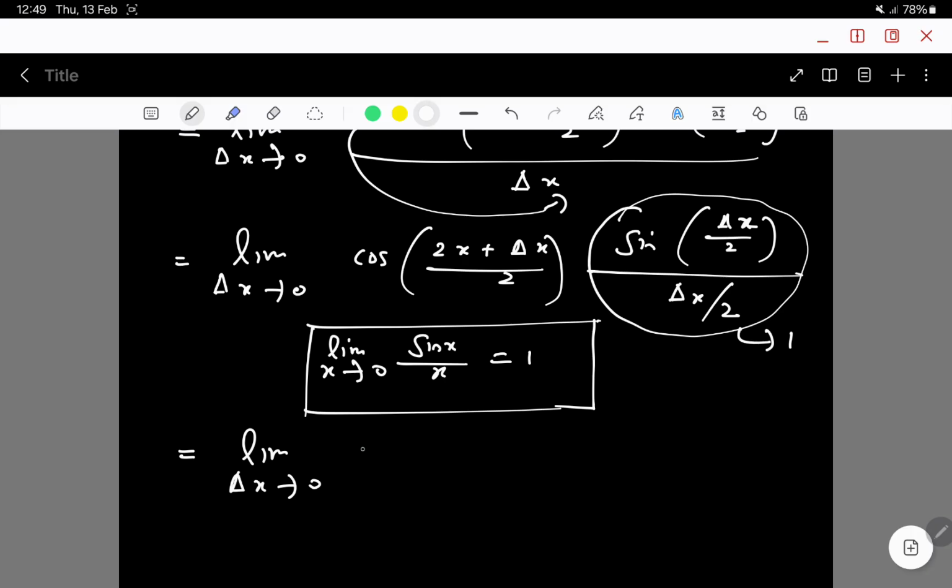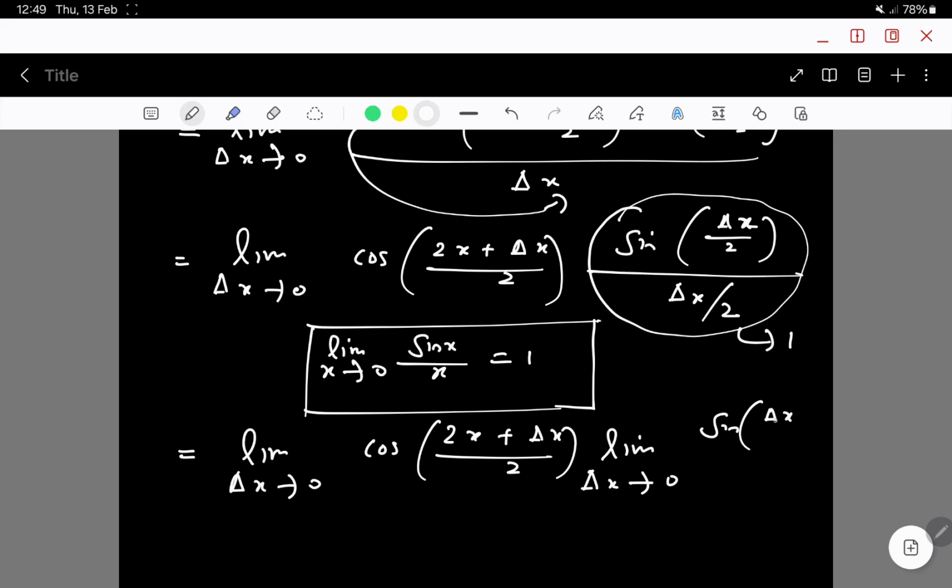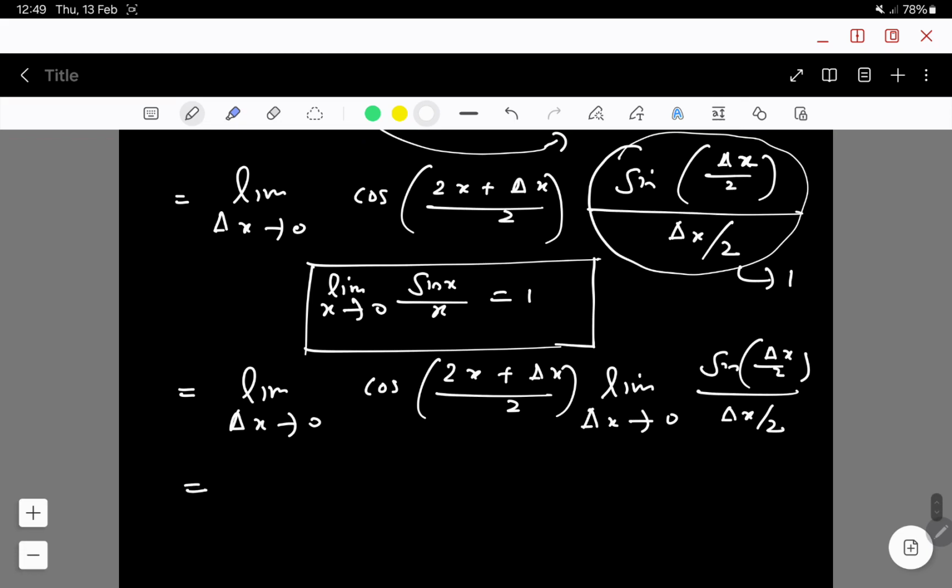Now apply the limit separately for cos and sine. Sin of delta x by 2 by delta x by 2 becomes 1. In the cos function, we apply the limit: cos of (2x plus 0) by 2, since delta x is 0.